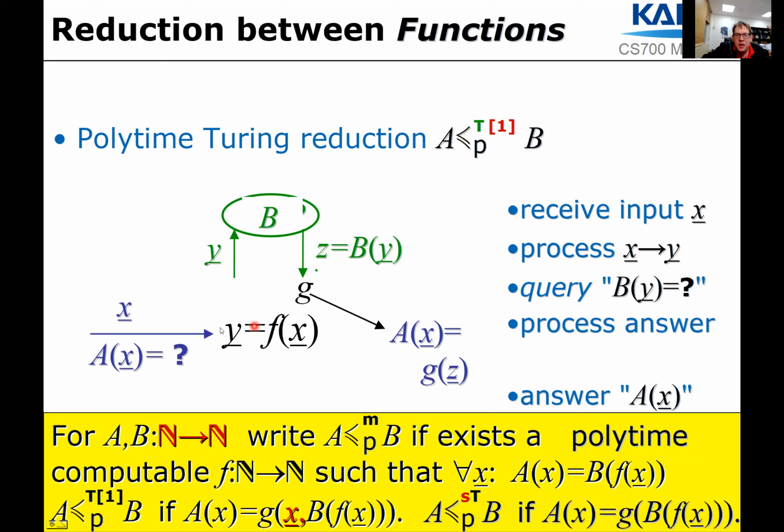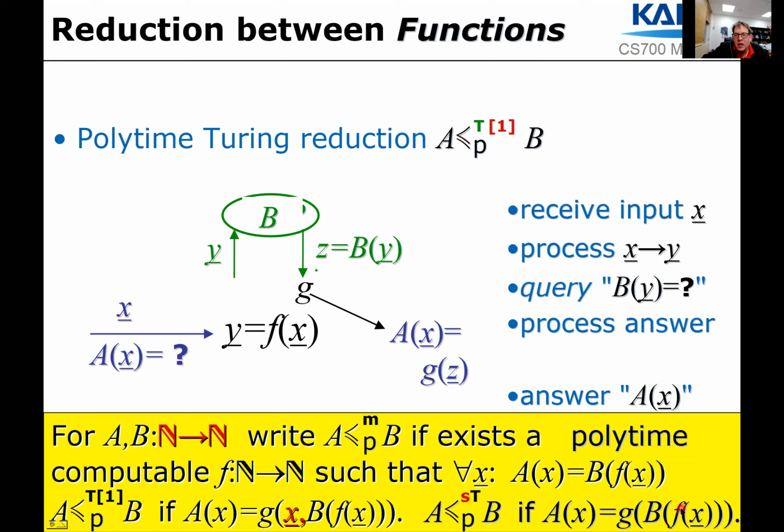whereas in the case where the original argument can be used only once to make the query, the result of the oracle query can be processed, but not using the original input anymore. This is called strong reduction, strong Turing reduction. So this is Turing reduction between functions.